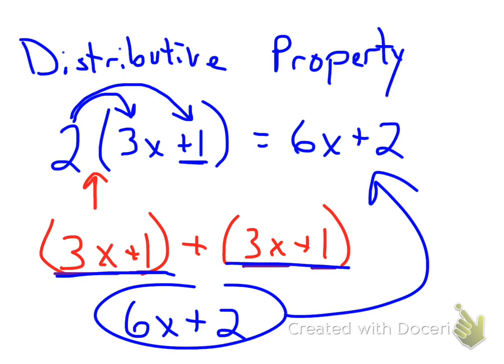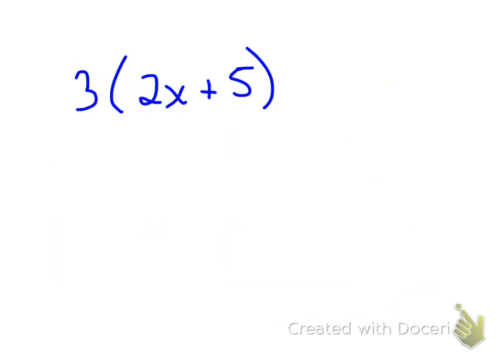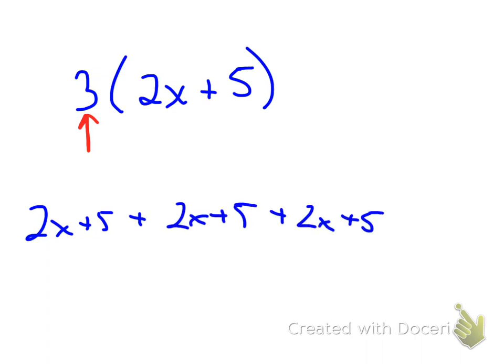So going over a couple other examples. Again, if I look at this one, I now have 3 sets of 2x plus 5. Again, there is no operation written between there, which means I am multiplying. So I would have 2x plus 5 plus 2x plus 5 plus 2x plus 5.